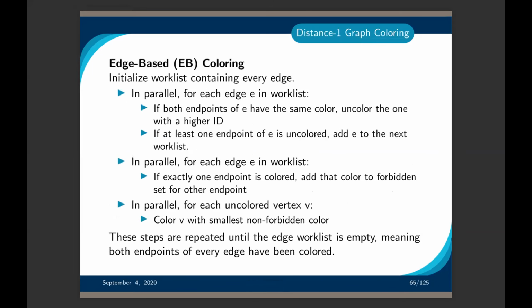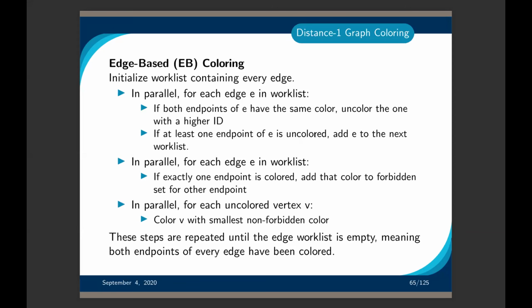On the other hand, edge-based coloring is a parallel loop over the number of edges in the graph. Basically, you look at the two endpoints of each edge, and if they have the same color, you uncolor the one with a higher ID as a tie break. If at least one endpoint is uncolored, you'll still need to work on that edge, so you add it to the future work list.